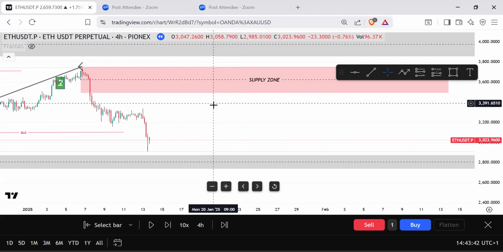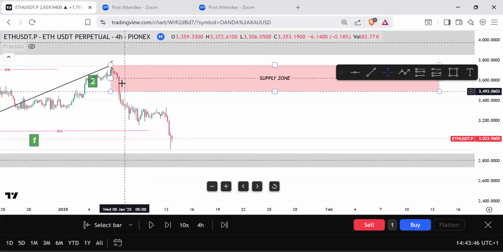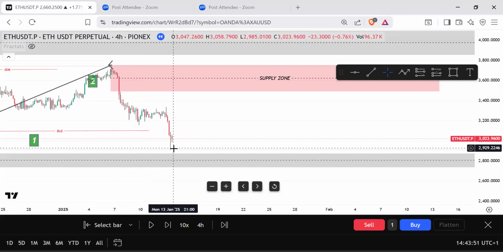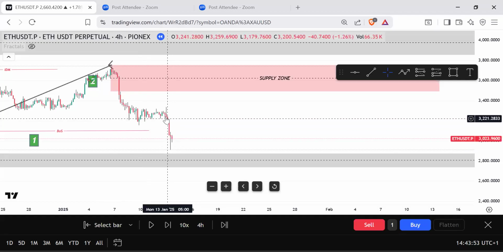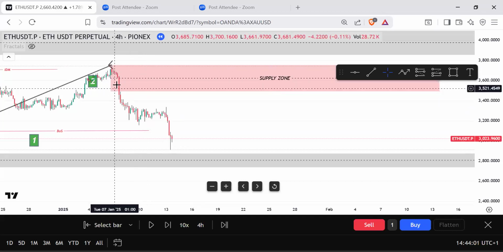So it's possible we have more than one fair value gap along this impulsive move, each one of them to place our trade. But the most accurate of them all is the extreme one.